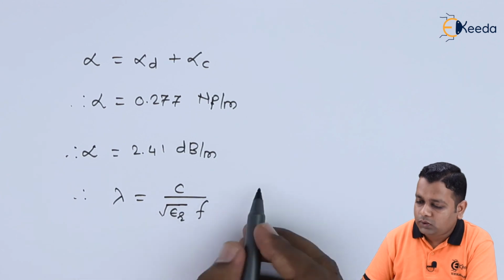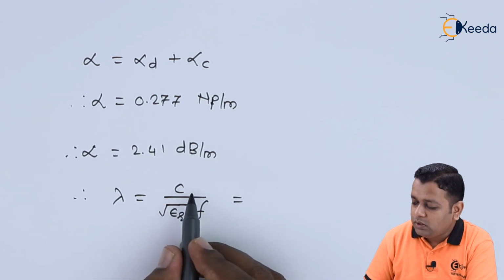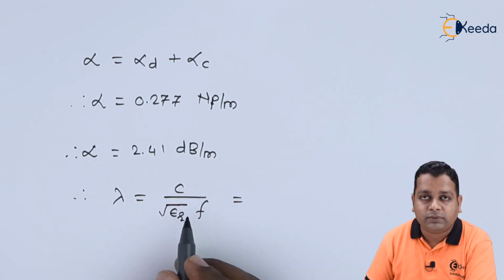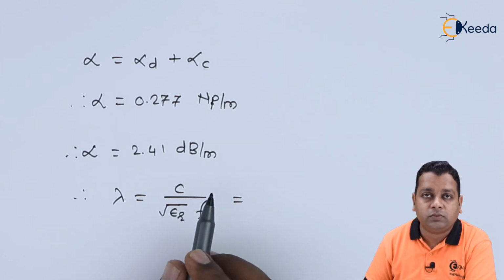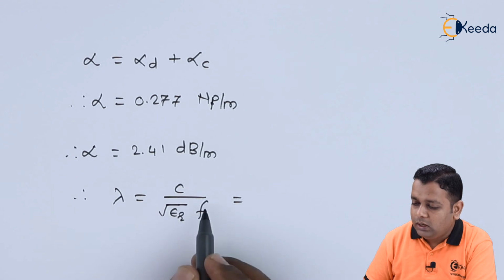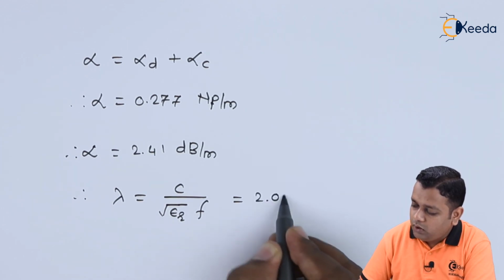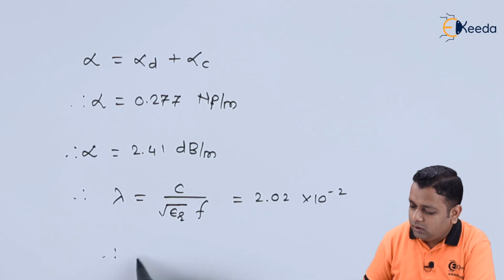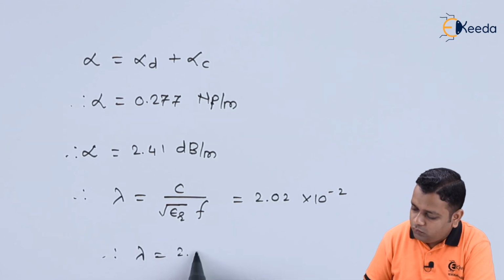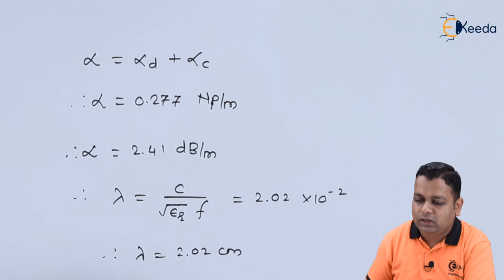If we substitute 10 gigahertz, epsilon r as given, and c equal to 3 into 10 raised to power 8, we obtain lambda equal to 2.02 into 10 raised to power minus 2. So lambda is equal to 2.02 centimeters.